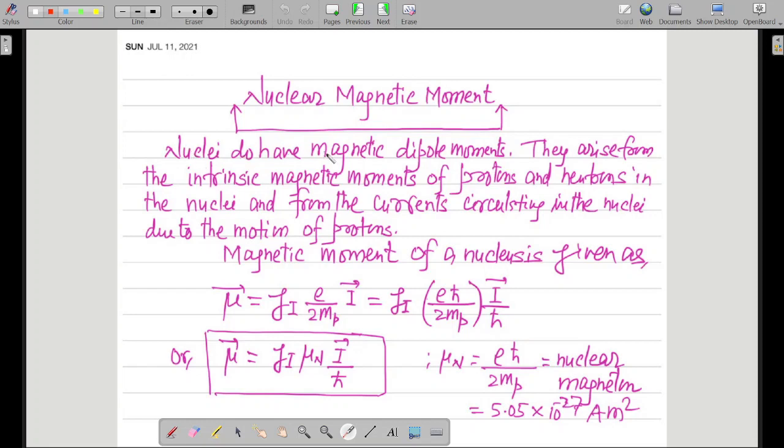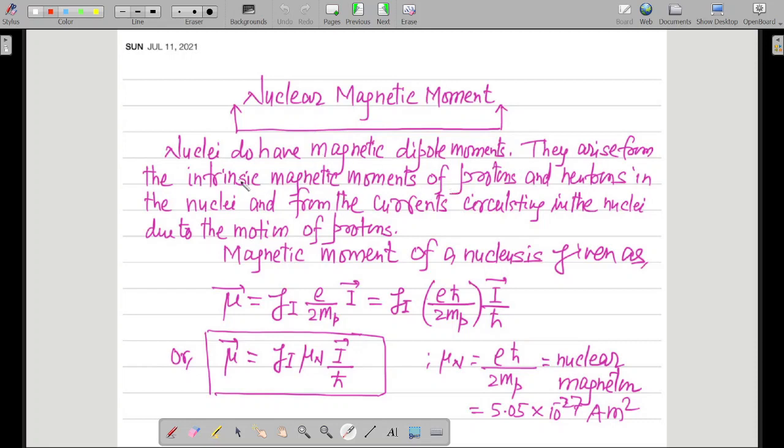So if nucleus has magnetic dipole moment, then obviously this magnetic dipole moment will be on account of protons and neutrons. The intrinsic magnetic moments of individual protons and neutrons in total constitute the magnetic dipole moment of the nuclei.